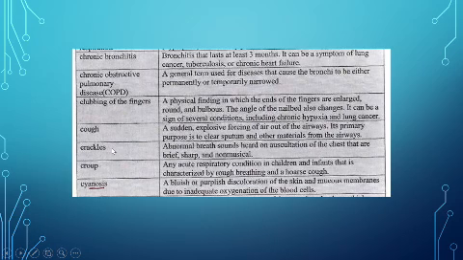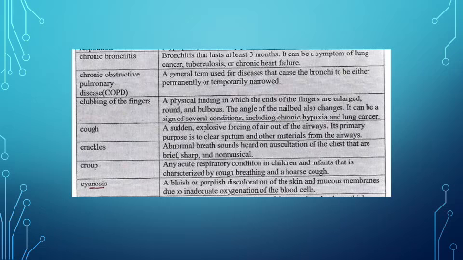Then crackles. Crackles are abnormal breath sounds heard on auscultation of the chest that are brief, sharp, and non-musical. Then coming to croup, any acute respiratory condition in children and infants that is characterized by rough breathing and a hoarse cough. Coming to cyanosis, it is very important. Cyanosis is a bluish or purplish discoloration of skin and mucous membranes due to inadequate oxygenation of blood.